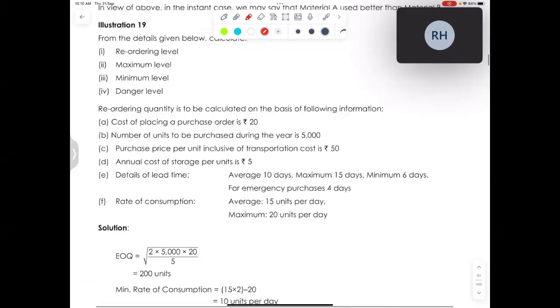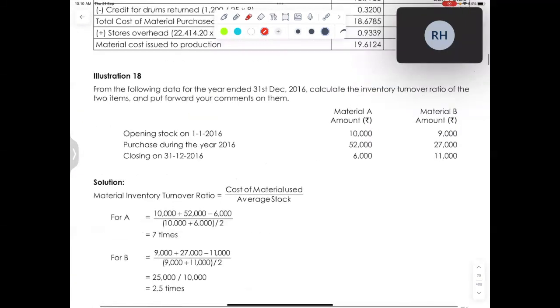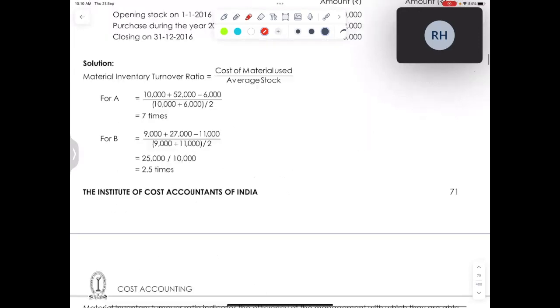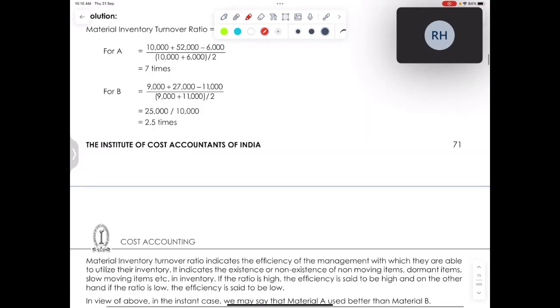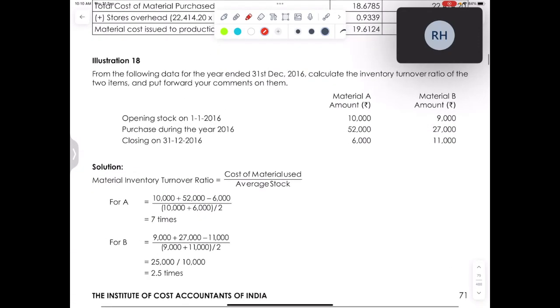Now let's move further towards a new concept. There is a very simple question related to inventory turnover ratio. What is the formula of inventory turnover ratio?